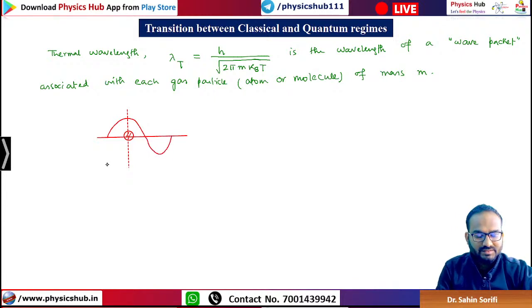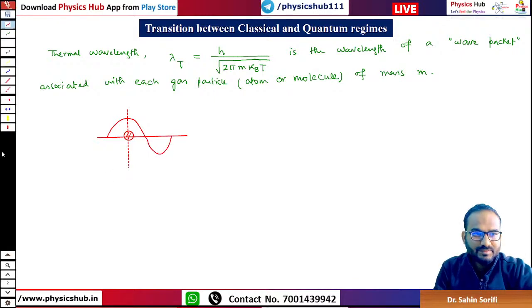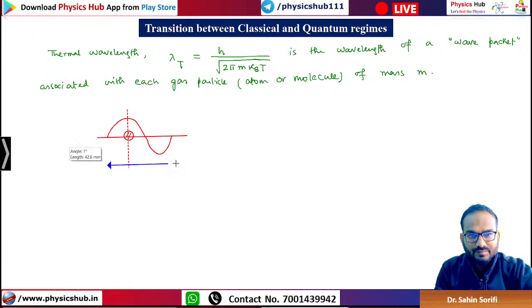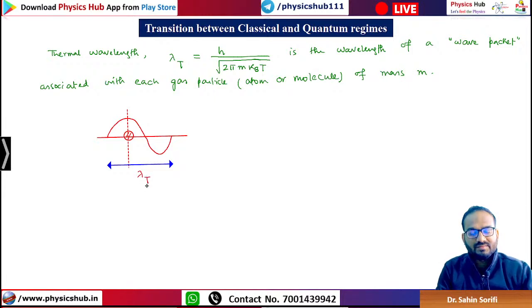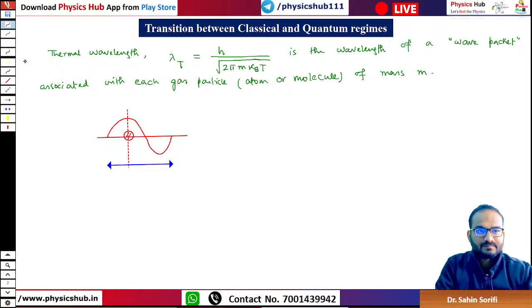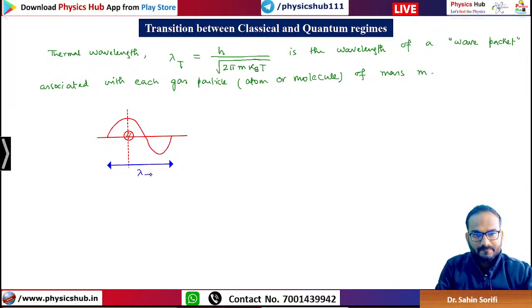Let's say somewhat like this. This separation is the thermal wavelength, lambda T. This is the molecule of mass m.